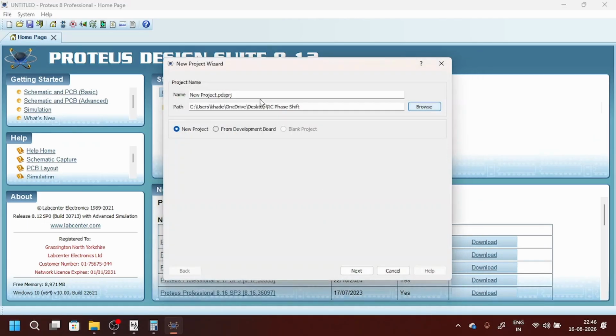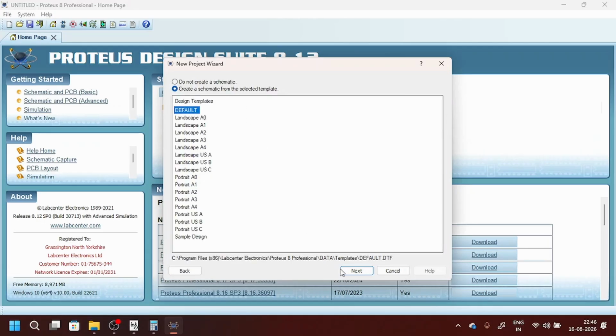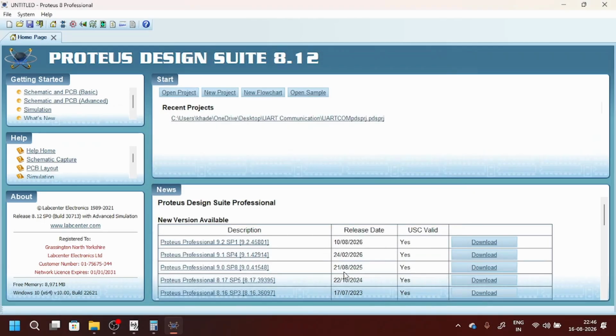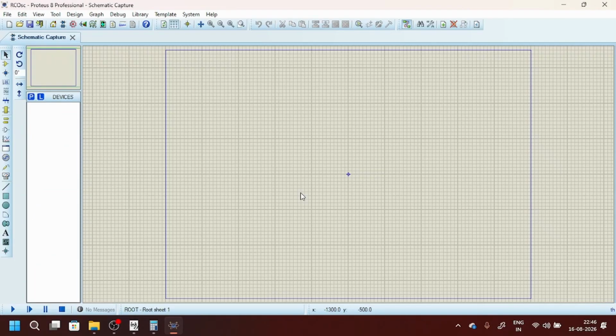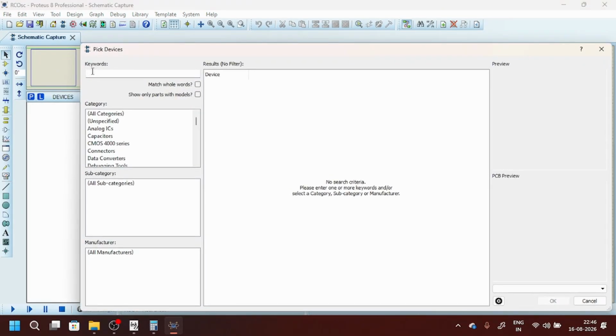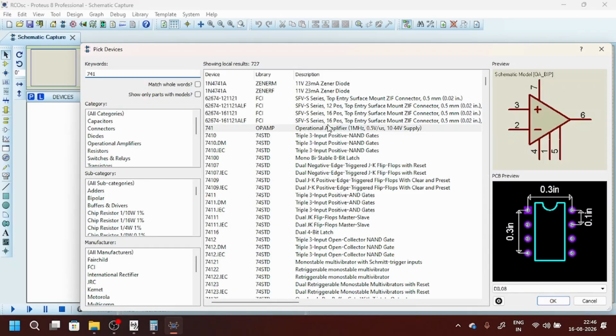Okay, select the folder, and the project name is RC Oscillator. Without changing anything here, I'm just clicking on finish, and the thing that I need here is 741 components.